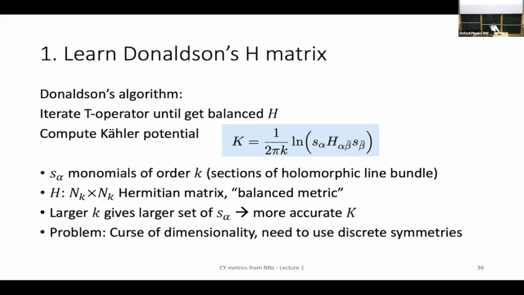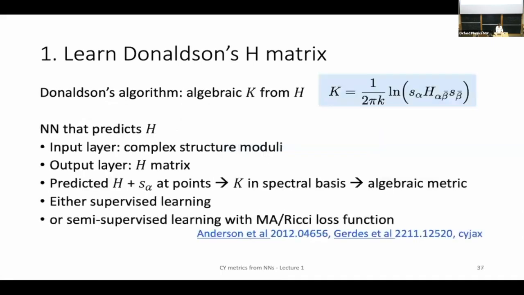Of course, there are problems with these methods that James has already talked about, so we can skip that. But the idea with doing this with machine learning is that, instead of using this fixed point scheme, you can take a neural network that predicts H instead. This has some advantages.